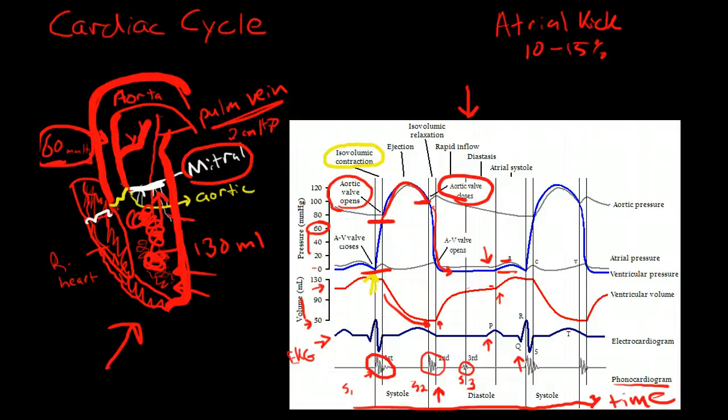Now S3 is a sound that occurs with sort of young healthy people or athletic people because of rapid filling of the ventricles. And the theory is that it actually, I think in nursing school we teach Kentucky, Kentucky, Kentucky as the sound for S3.